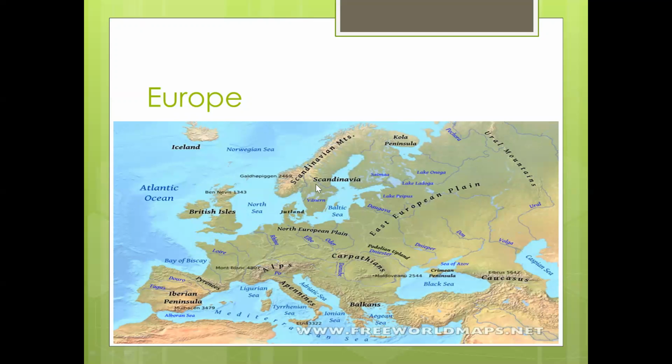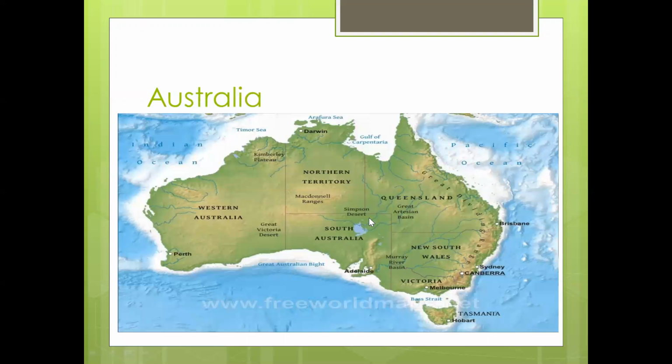Europe. Continent Europe, you can see how large this continent is. Then you can see the Atlantic Ocean here, some part of the Atlantic Ocean is here also. Australia, you can see this is the continent Australia, and it is surrounded all around by water from all sides.